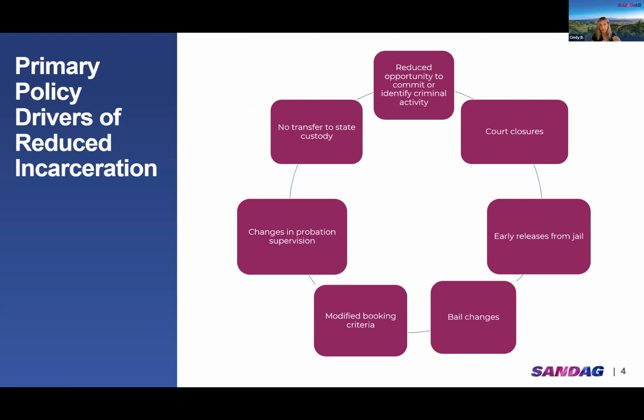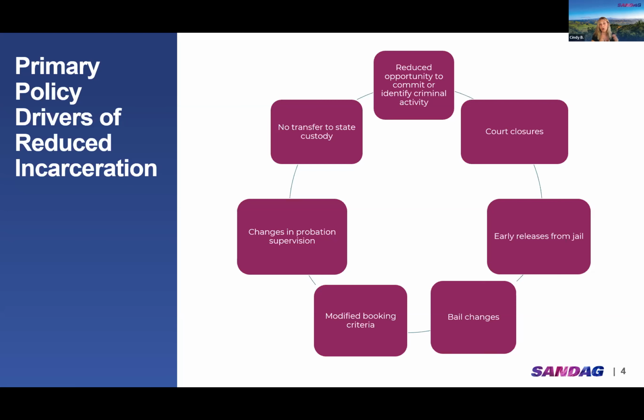There were a number of changes there. Obviously taking into consideration other individual factors related to the cases, changes in probation supervision. The local jails could not transfer individuals to state custody, whether that be mental hospitals or prisons.